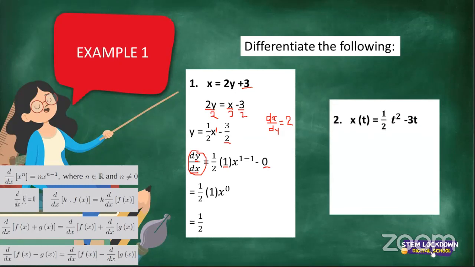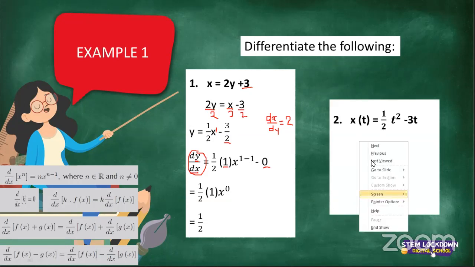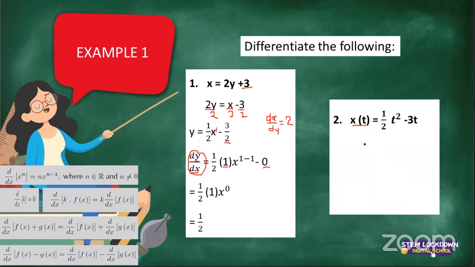And then the last one, this is a function of t. This is simply x, which is a function of t, and then let's have t squared. Don't be alarmed, it's just that your x is a function of t. If you're going to find dx dt, it means you're differentiating x with regards to t. It's the same thing we were doing with x.